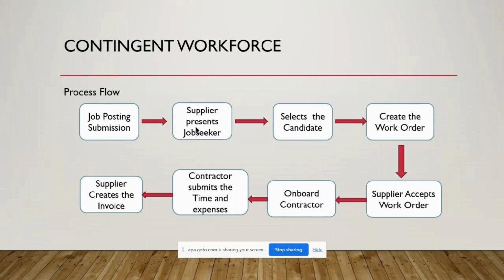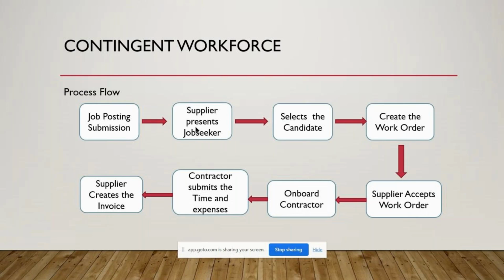And then the job posting will be submitted to the supplier. Then the vendor will check whether they have the candidate from their end or not. If the candidate is available, we can send it to a single supplier or multiple suppliers as the organization demands. Some organizations keep only one vendor, and the first priority will be given to a single vendor or two vendors.